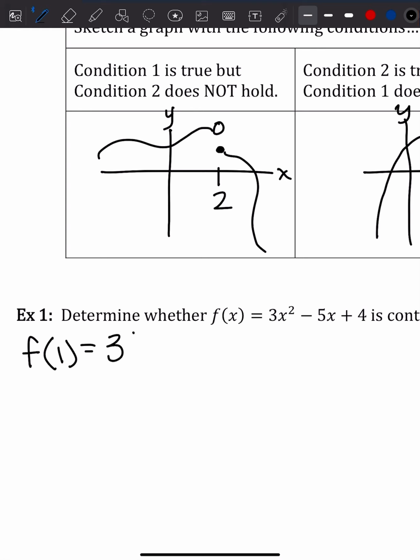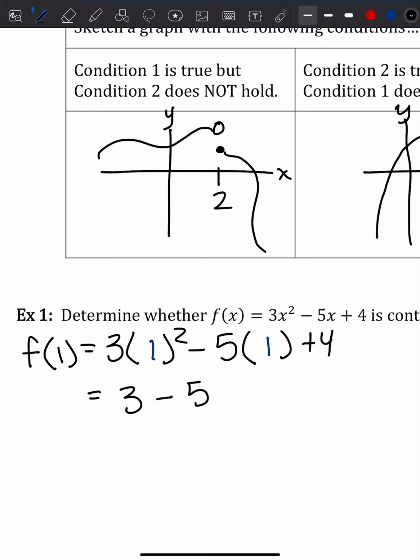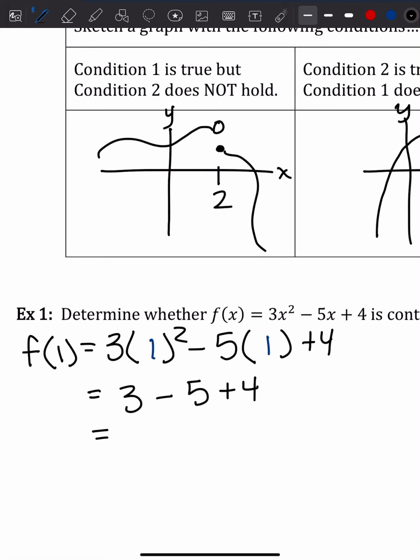So we have 3 times 1 squared minus 5 times 1 plus 4. So we have 1 squared, which is 1, times 3. So 3. 5 times 1 plus 4. 3 plus 4 is 7. 7 minus 5 is 2. So we get 2 as our y value.